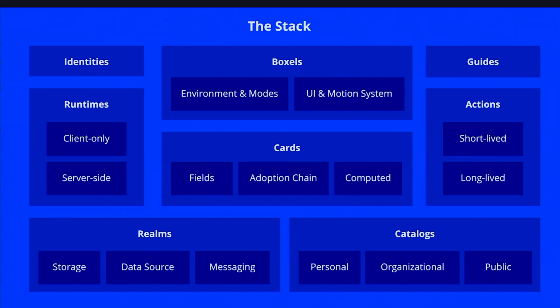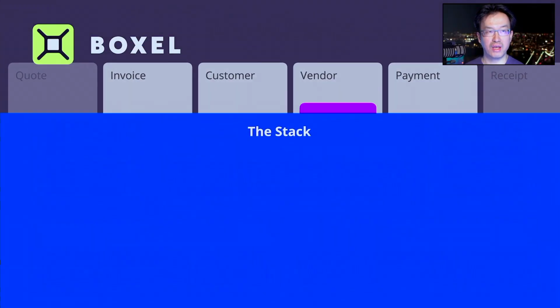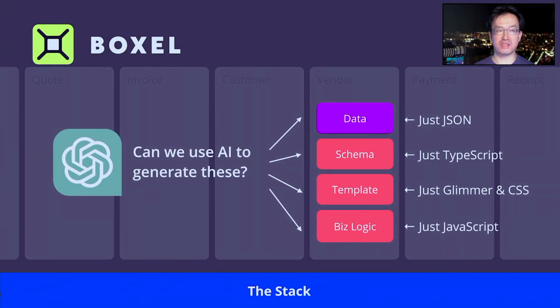All of these things are included in this whole system that we're working on, the elements that are very comprehensive, so that once you have the stack, you can say, okay, given the stack, which is software that is going to be very hard for AI to generate, could you generate the simpler domain model that sits on top of that stack?